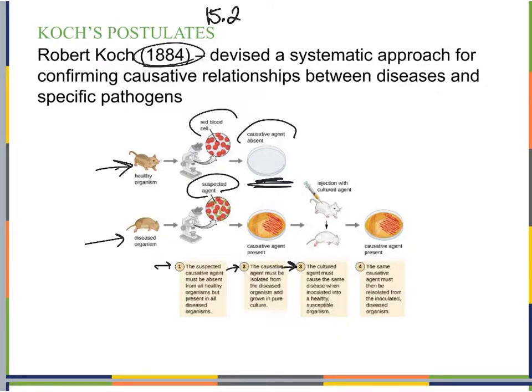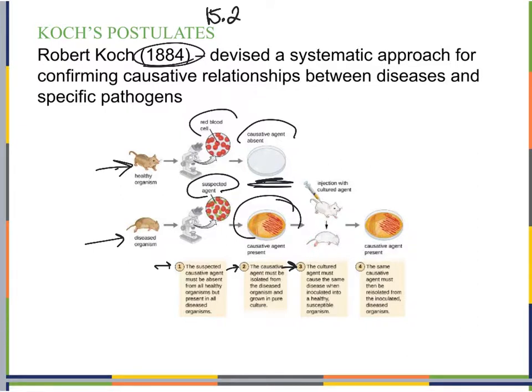Then number three is that the cultured agent, the one that we cultured from the first infected host or organism, must cause the same disease in a healthy, susceptible organism.